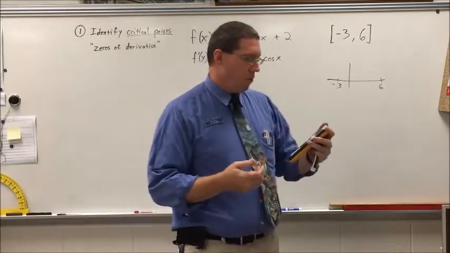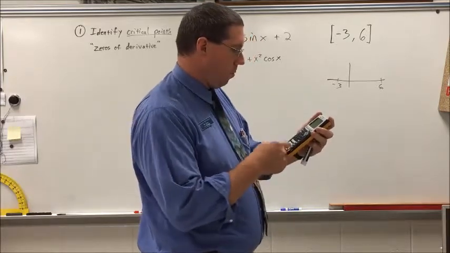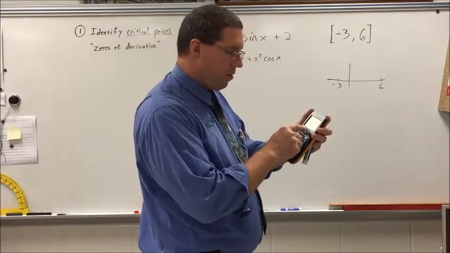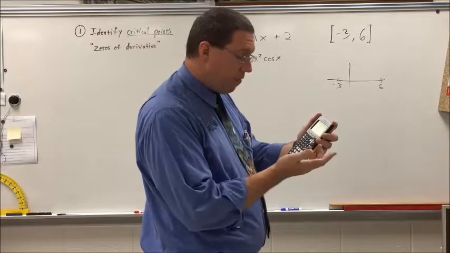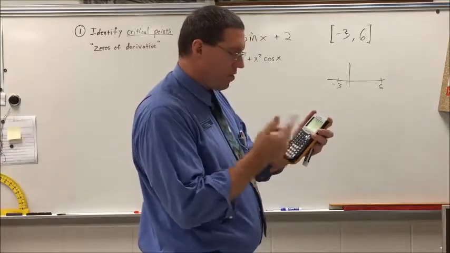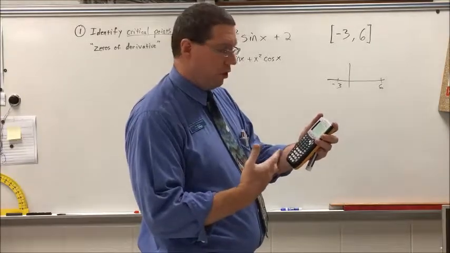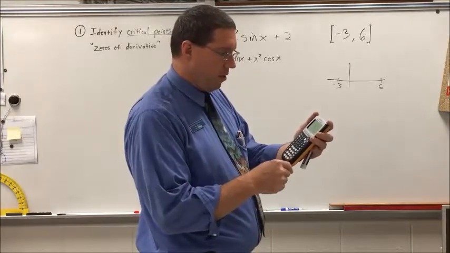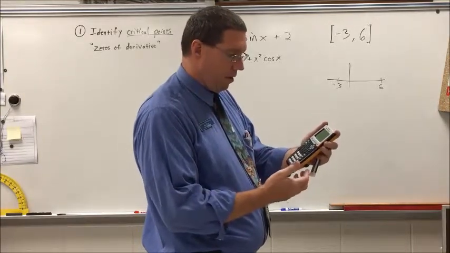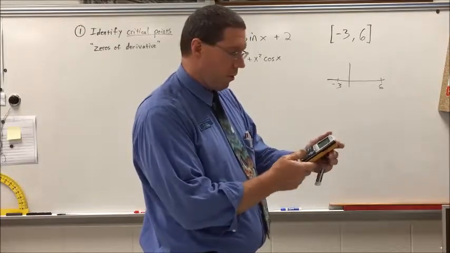And now you could hit zoom 6, you could just hit the graph button. There's lots of ways of seeing the graph. Mainly you hit the graph button, but if you can't really see your function, you want to hit zoom 6. But then if you still can't see it, you may want to move the windows around.